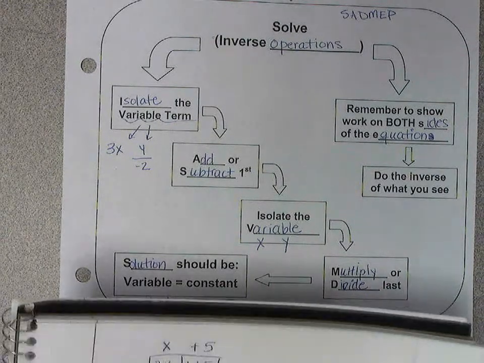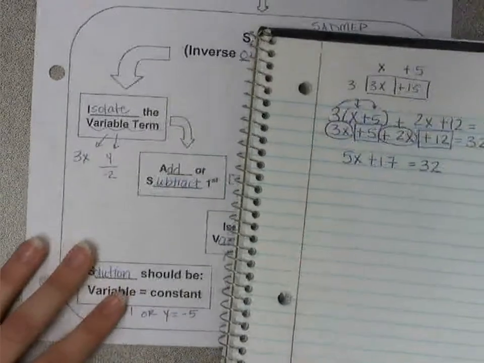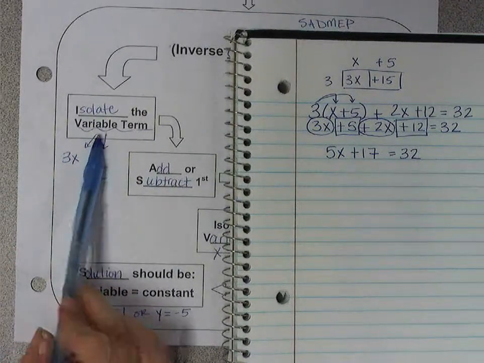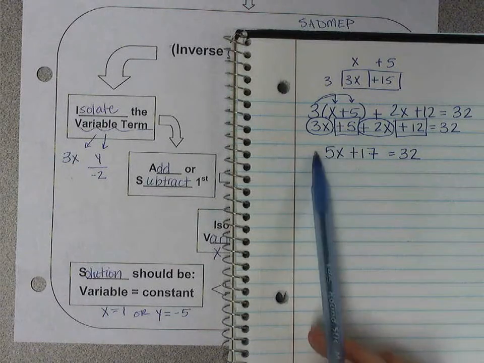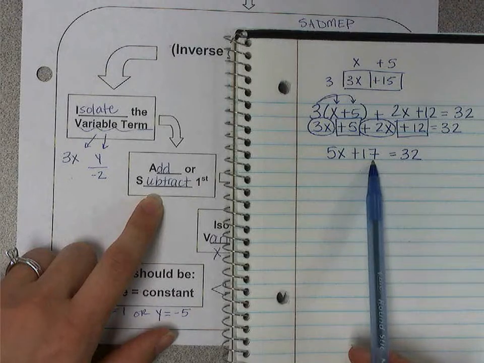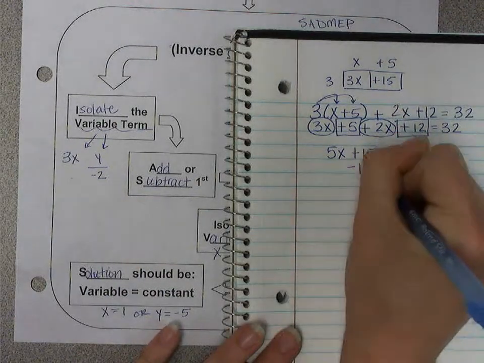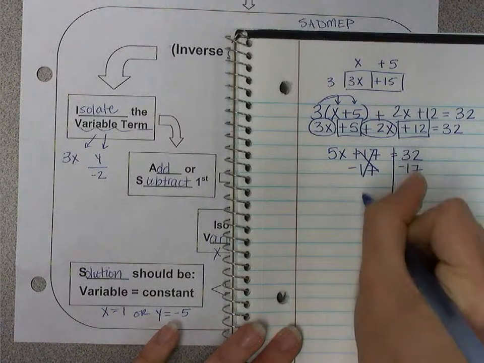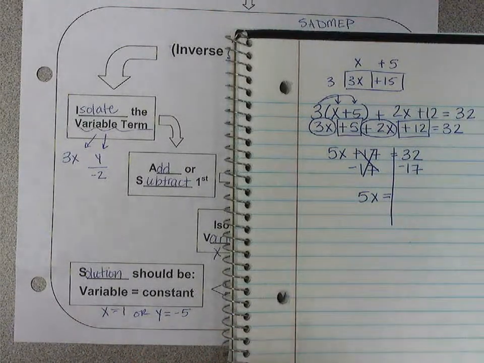So let's follow those steps with the equation we were working on. Let's see if I can put it to the side. So we want to isolate the variable term. The variable term in ours is 5x. So we're going to do that by adding or subtracting the opposite. So we have add 17. We want to subtract 17 from both sides. So those go away. We have 5x equals 32 minus 17, 15.